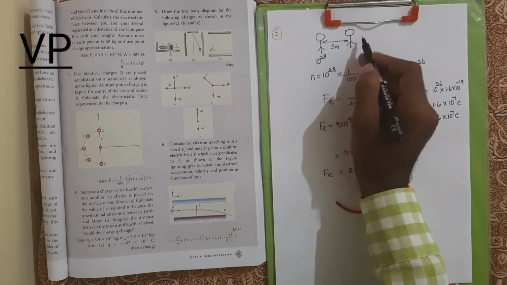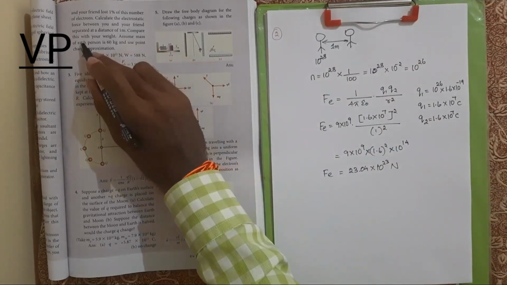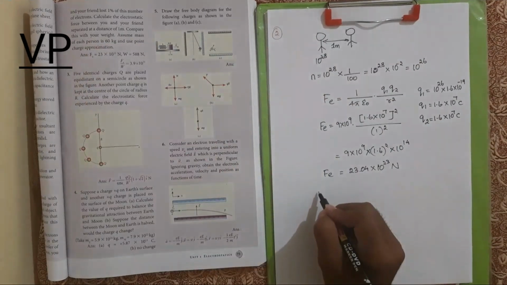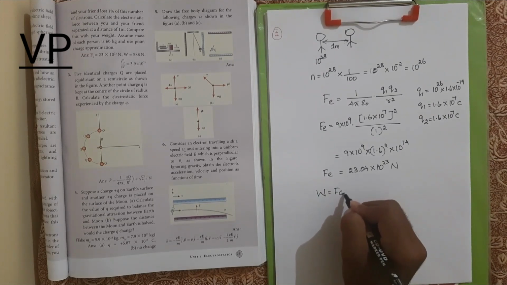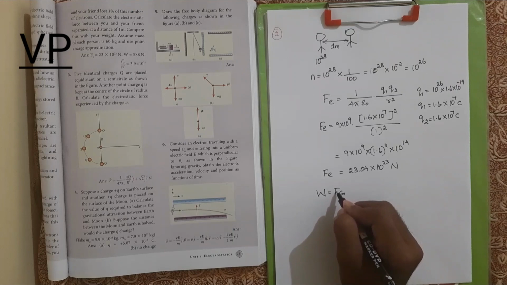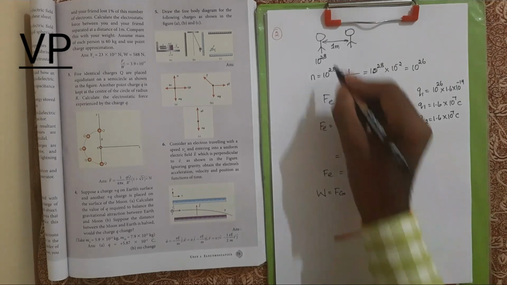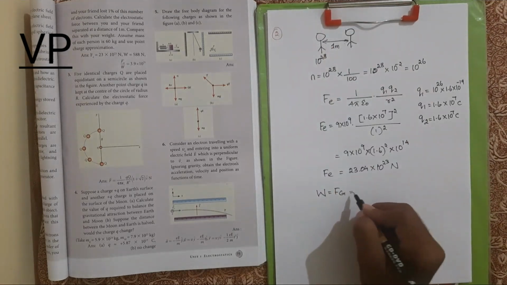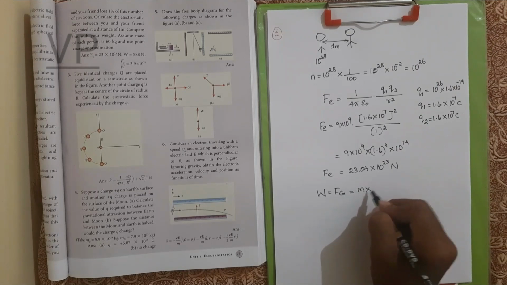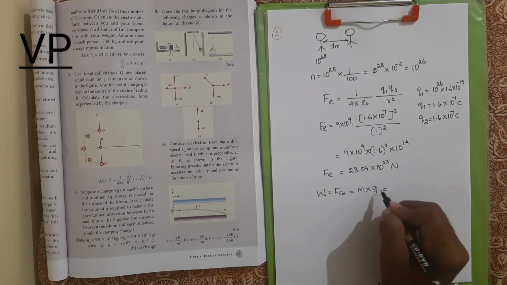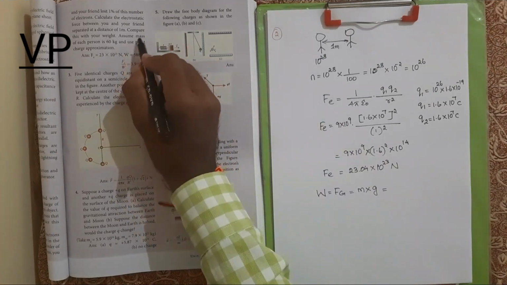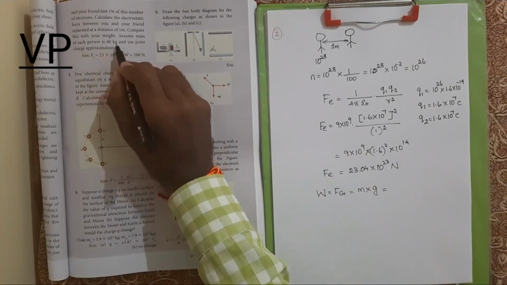And it is also given, compare this with your weight. Weight can be calculated by the gravitational force acting on the body, whose formula is mass into the acceleration due to gravity, that is small g. It is given, assume mass of each person is 60 kg.